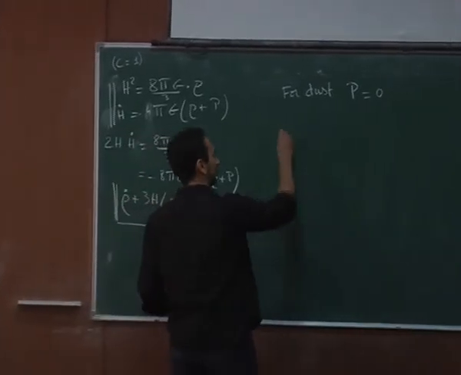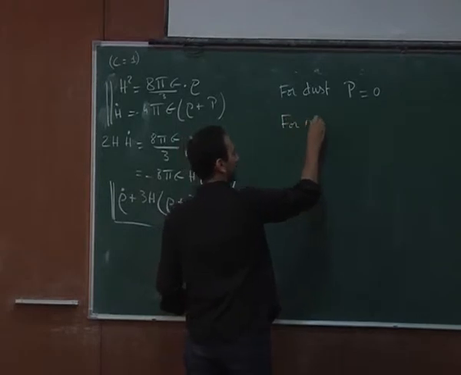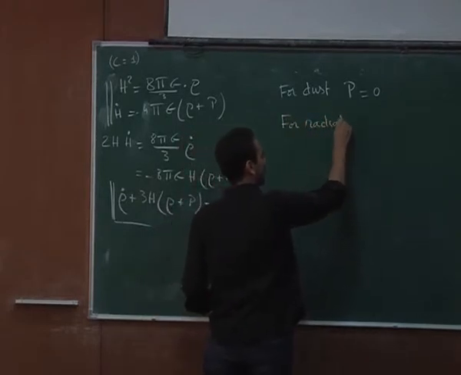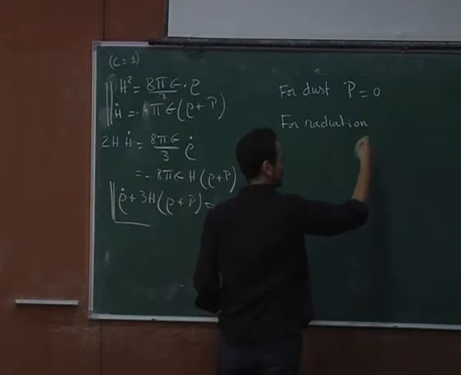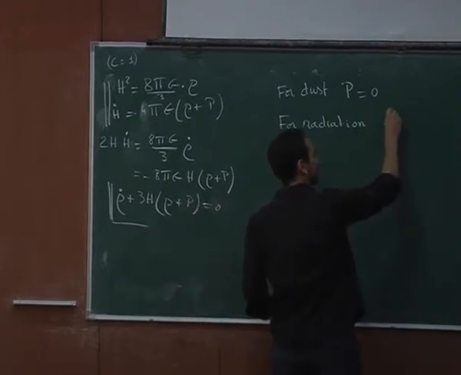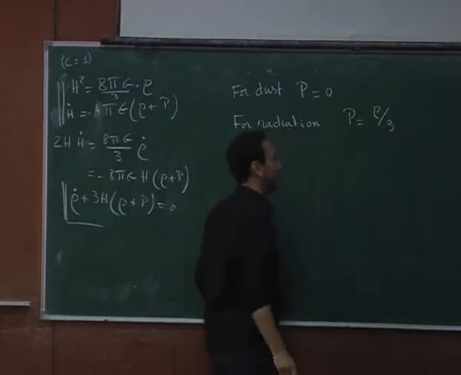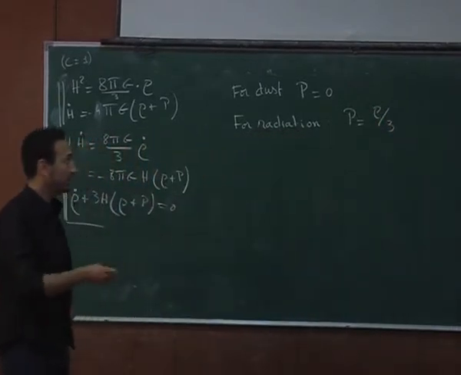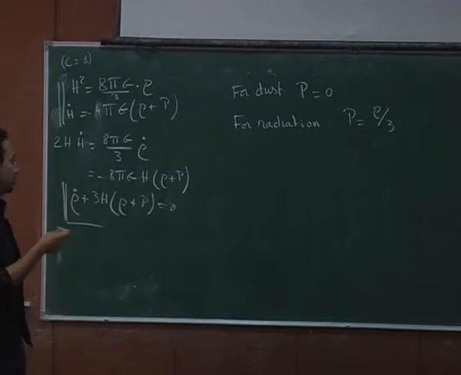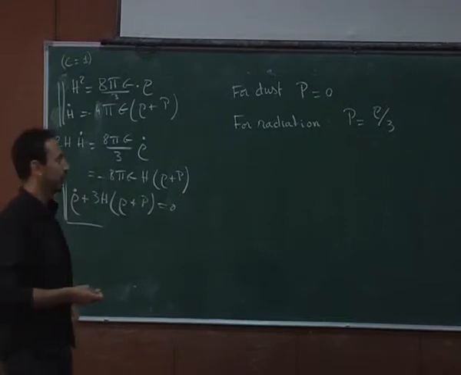If you take radiation or any relativistic particles, you can use statistical physics to show that in this case the pressure is 1/3 of the density. So these are different equations of state, which tell you, for the fluid that you consider, the relation between pressure and density.